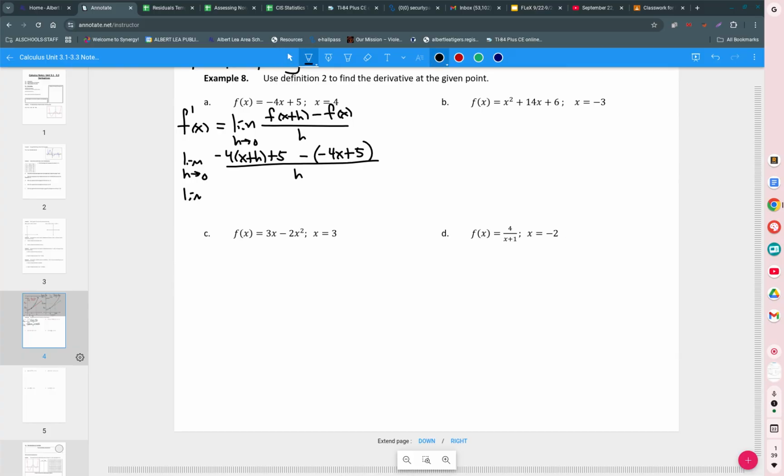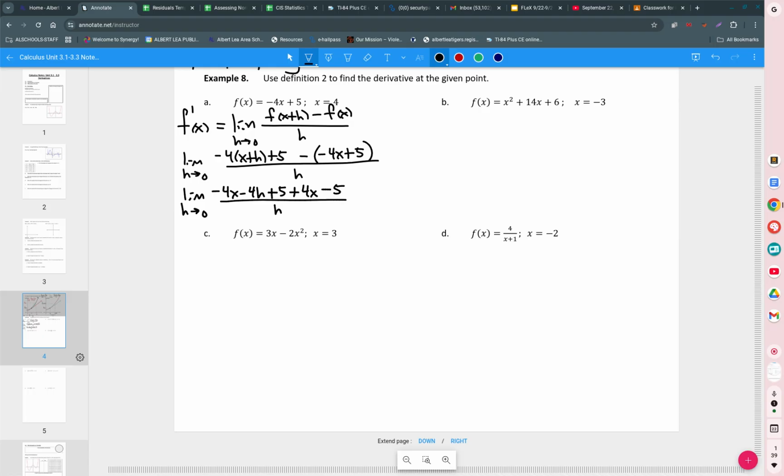So I have the limit as h goes to 0 of negative 4x minus 4h plus 5. Then what? Plus 4x minus 5 all over h.